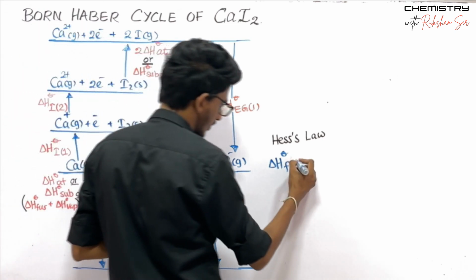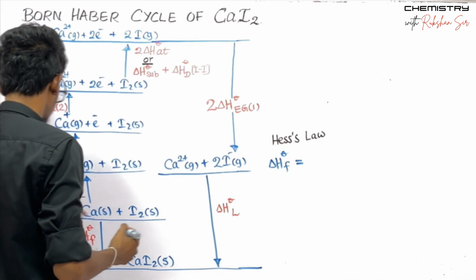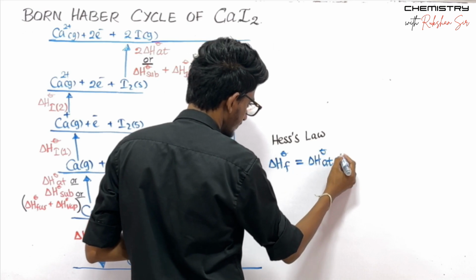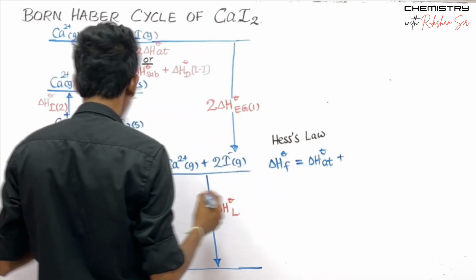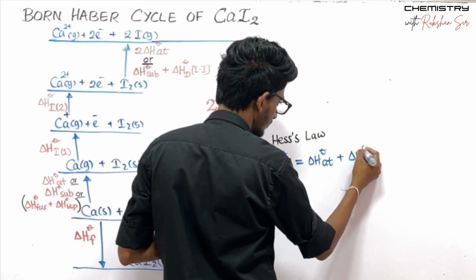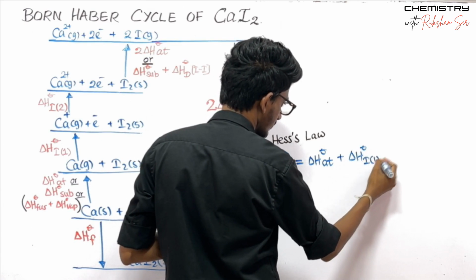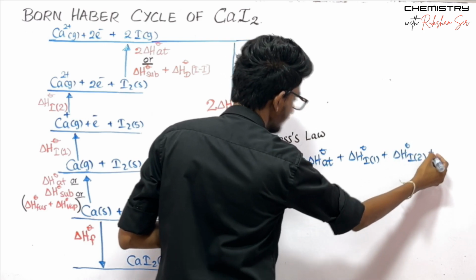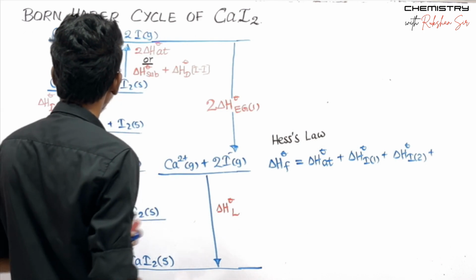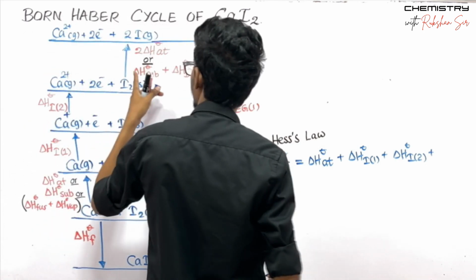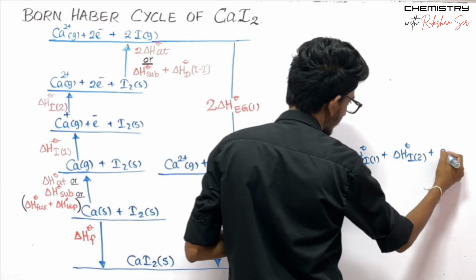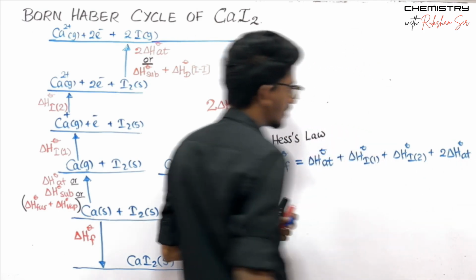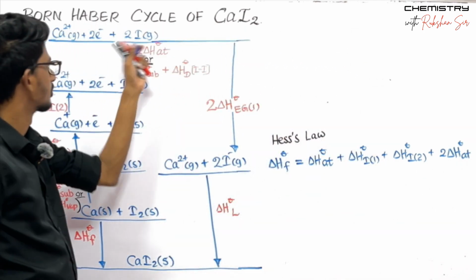So I write only one of these things, the atomization, plus the sublimation of I2, and this one. This can't be the atomization alone; two of those things should be done as you are to produce two of I gases.